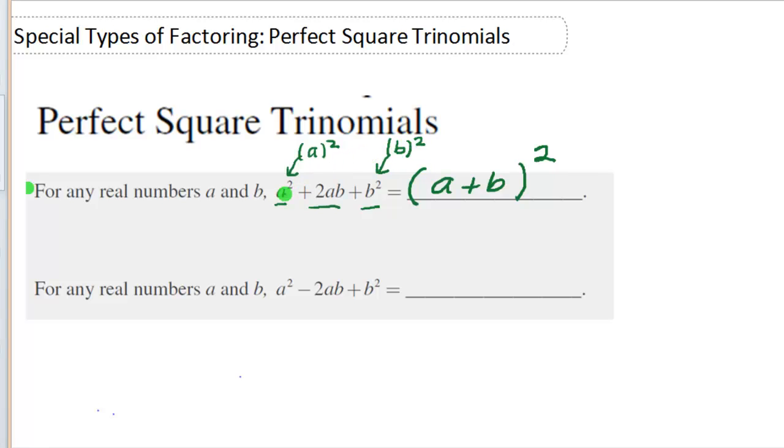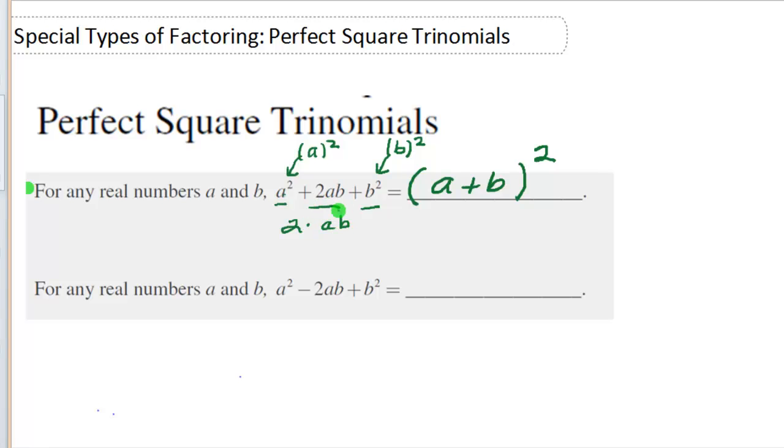And once you determine what you squared for the first term, which was a, and what you squared for the last term, which was b, take those two numbers or letters and multiply them together. That will give you ab, and your middle term should be twice what you get when you multiply these two. Double, twice. 2 times a times b.